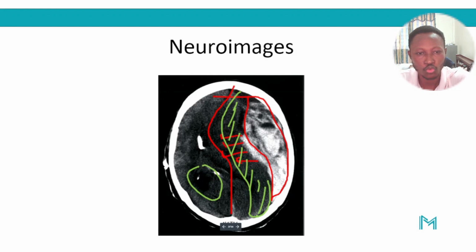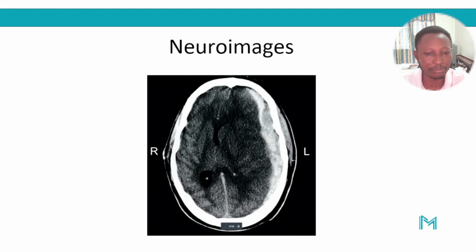It means that we are pushing things to the right side because there's pressure building up on the left side. So this is a classic appearance of an acute SDH with a midline shift, obliteration of the lateral ventricle, and dilated contralateral ventricle. These are all evidence of increased intracranial pressure.